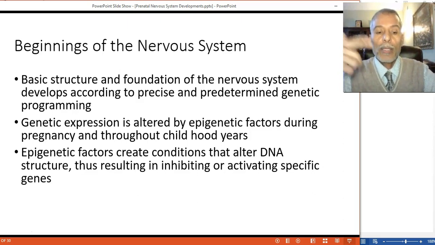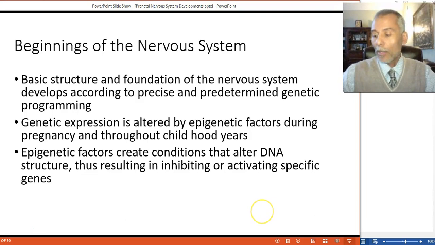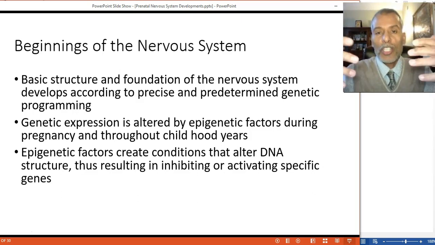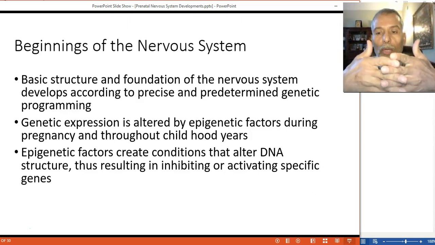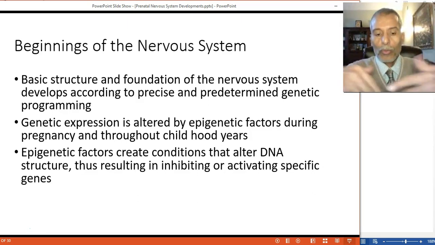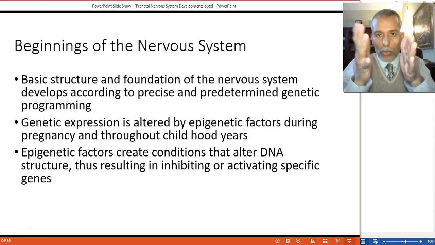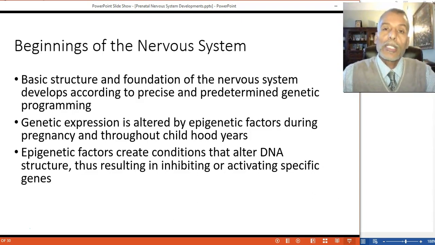So we'll come back to this point later in the lecture. The process of how genetics and epigenetics interact together in order to sculpt or to design the human system in a way as to make it the best fit to the environment it finds itself in.